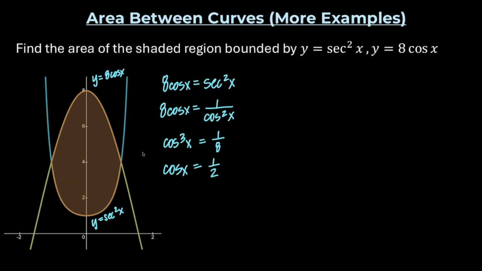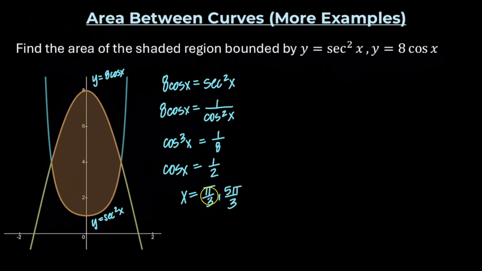Works out quite nicely. Now, solving for what angle x gives cosine equal to 1/2, the main angle I'm thinking about is x equals pi over 3. There are infinitely many solutions to this trig equation, but just in the interval from 0 to 2 pi, around the unit circle, we're looking at pi over 3 and 5 pi over 3.